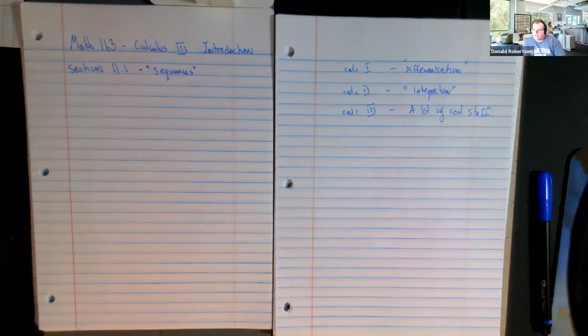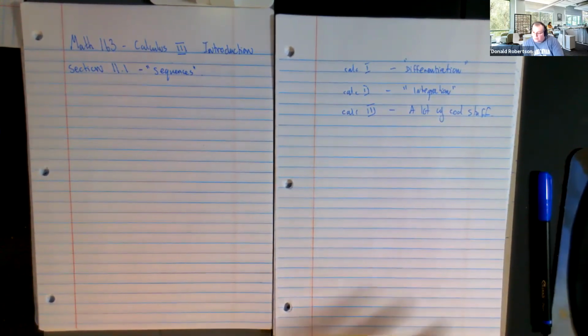So don't try and make a connection between these cool things that we're going to do. Just think of them as little pieces of nice, useful information, but they're kind of on their own. Calc 3 was kind of where we put all the other cool stuff we didn't have enough room to put anywhere else. So it doesn't have a nice flow to it, and you just have to live with that.